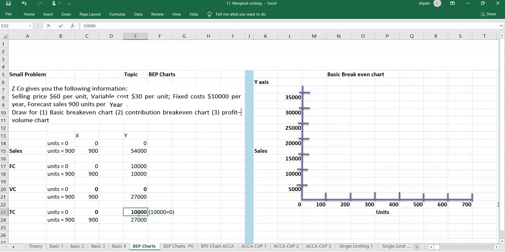Even if you don't produce, your total cost is 10,000. And at 900 units, your fixed cost is 10,000 but your variable cost is 27,000, so totally it becomes 37,000.